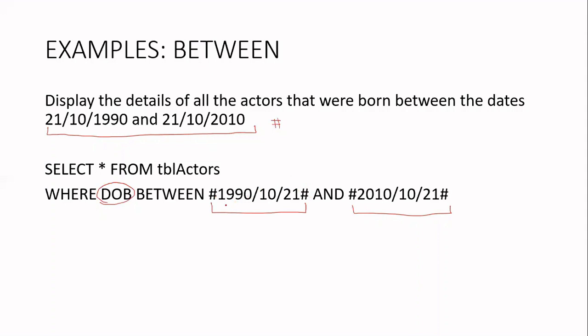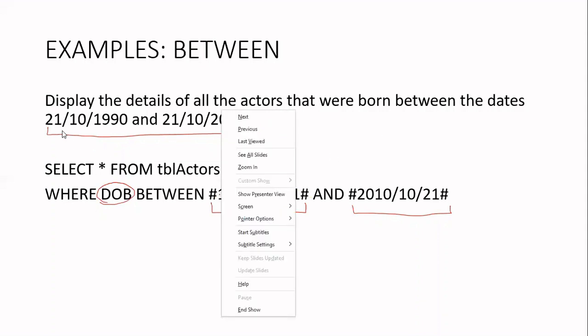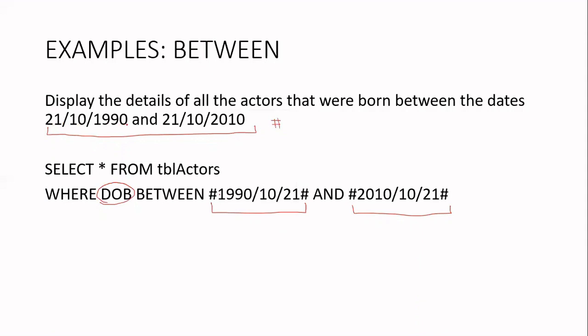So here there seems to be an error. We want it between the dates 21/10/1990. Oh, it's just the other way around. There it is, 21/10/1990 and 21/10/2010. So there it is.